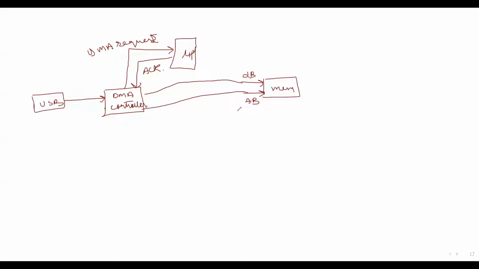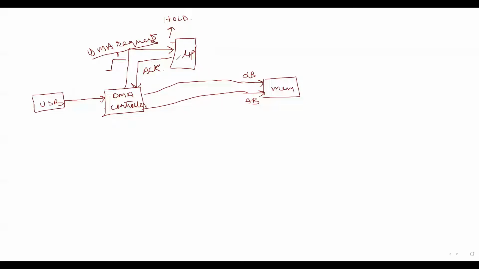Sending a request means it is sending a signal that is one. It sends a one signal through a pin. We have one pin on the microprocessor that is called hold. When the microprocessor receives a one signal through hold, it means it is receiving a DMA request.